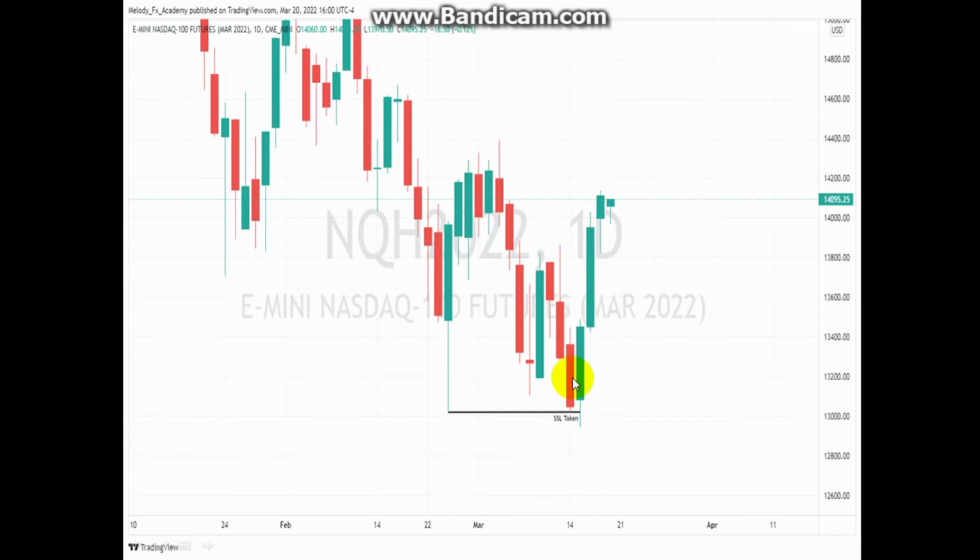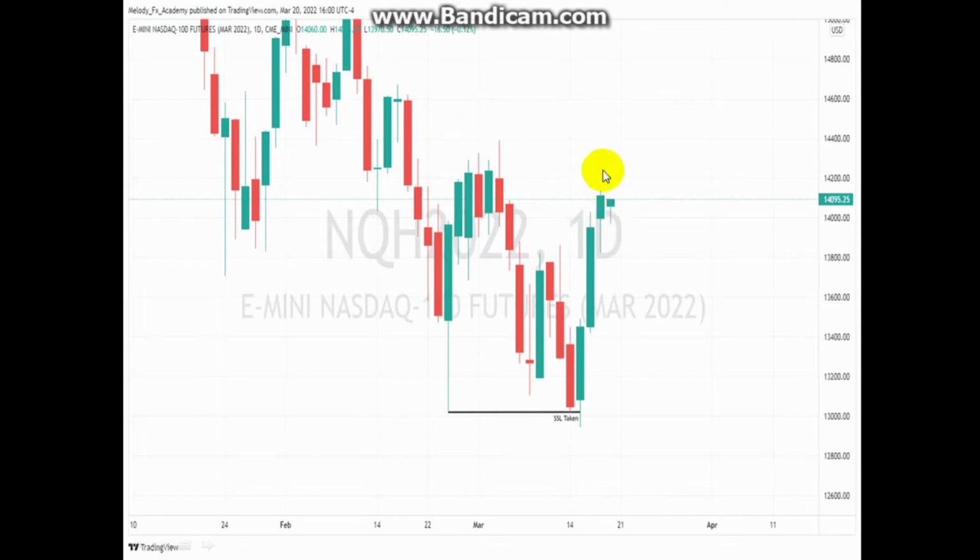Although we are currently bullish on the daily time frame, as you can see price just breaks structure to the upside. So we might likely see this old swing high that has liquidity resting above it.